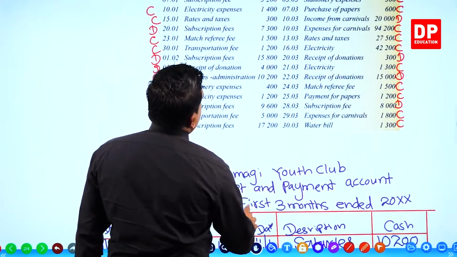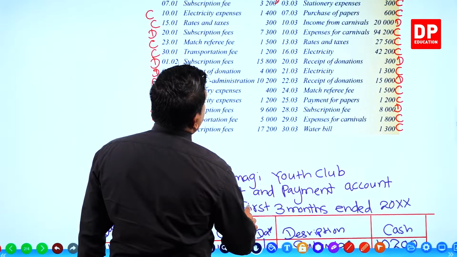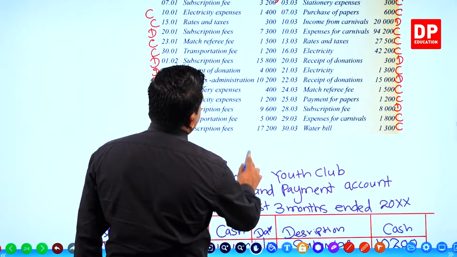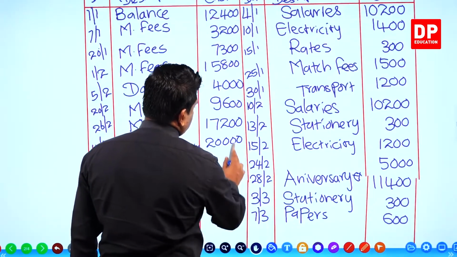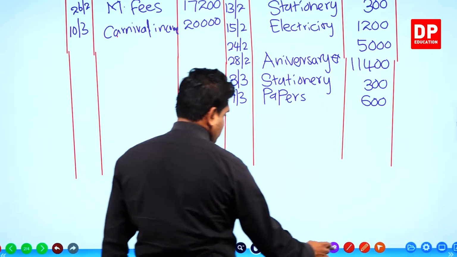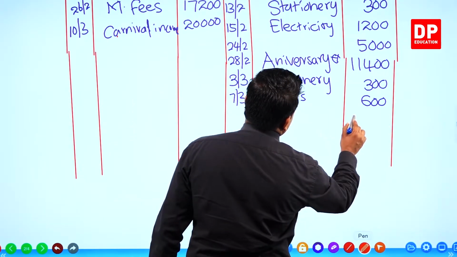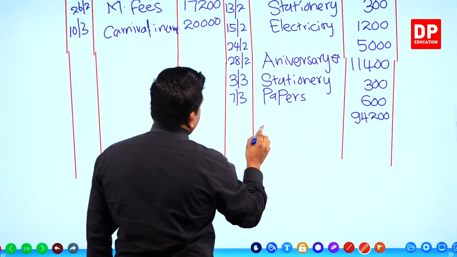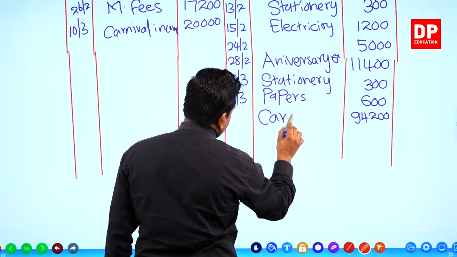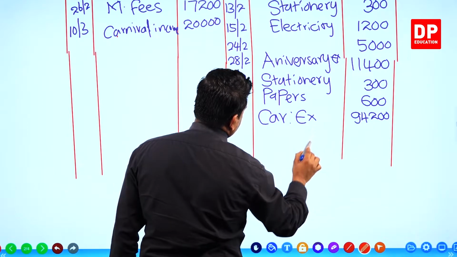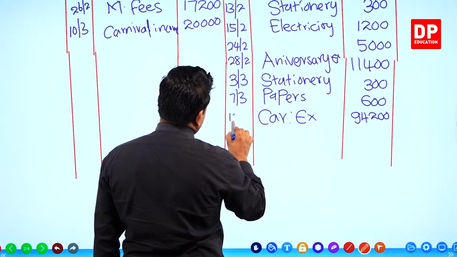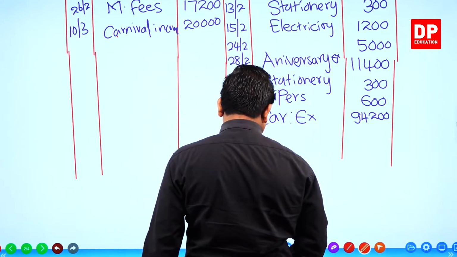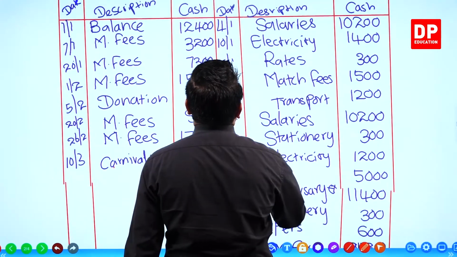Then carnival expenses 94,200. Carnival expense. Same date.